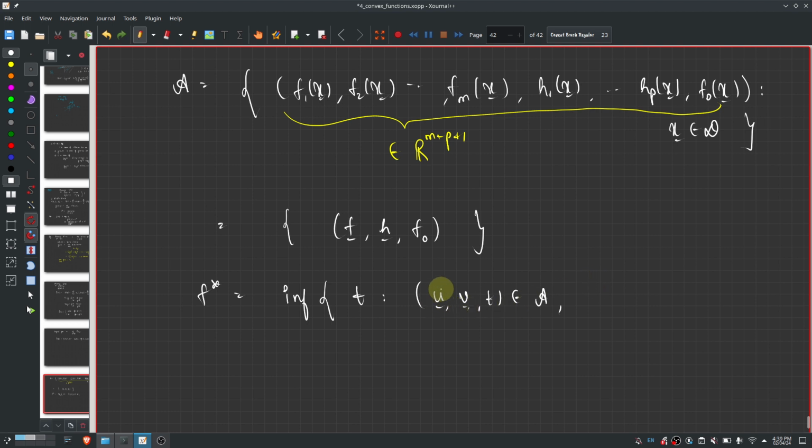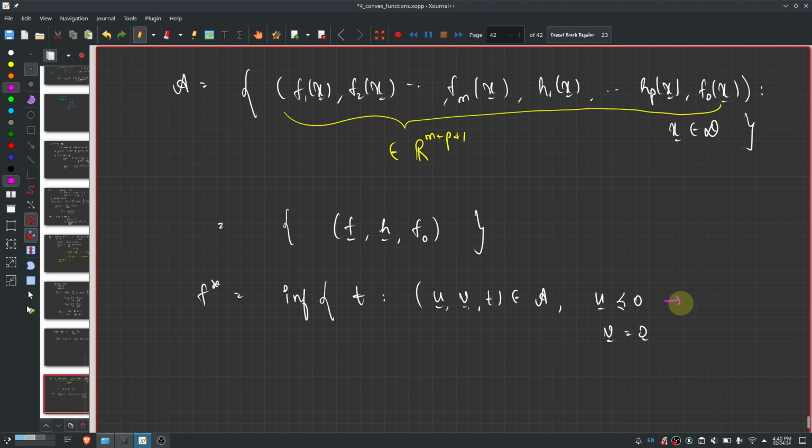So what can I say about u? That is, f1 through fm should be less than or equal to 0. So u should be component wise less than or equal to 0. This is an m plus p plus 1 dimensional vector, and I'm breaking it down into sub vectors. u should be less than or equal to 0 and v should be equal to 0.